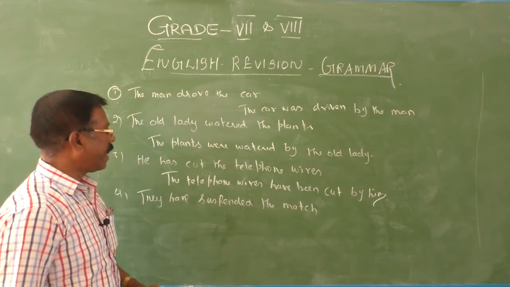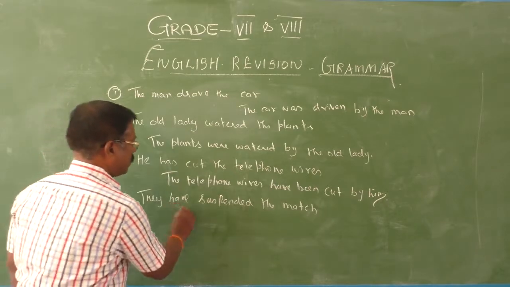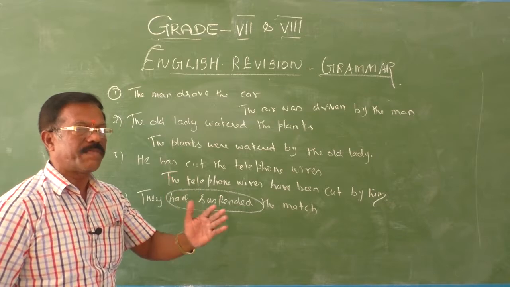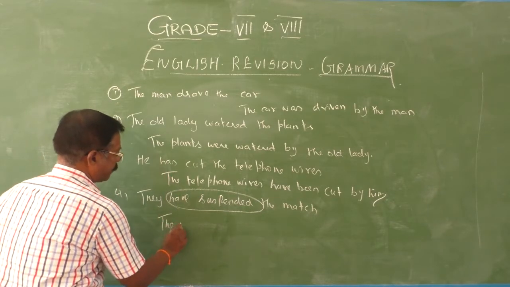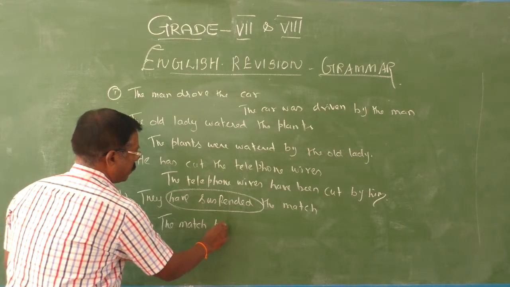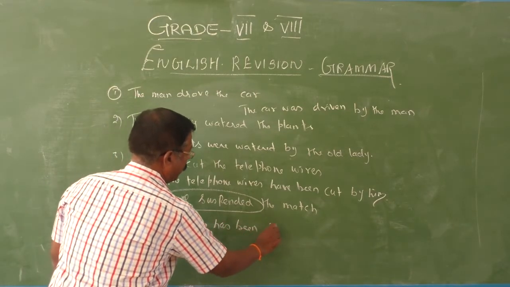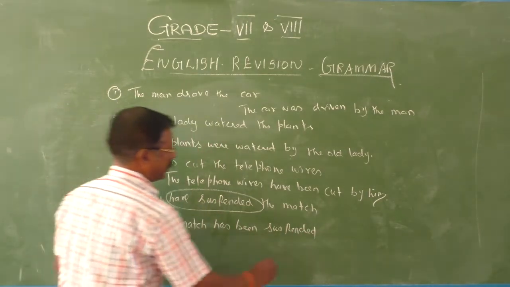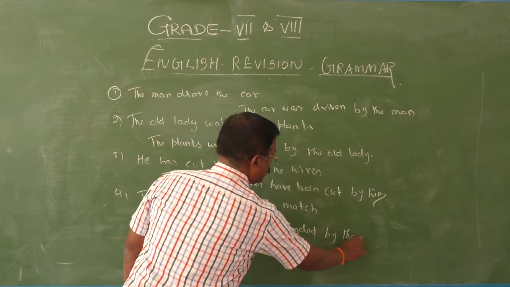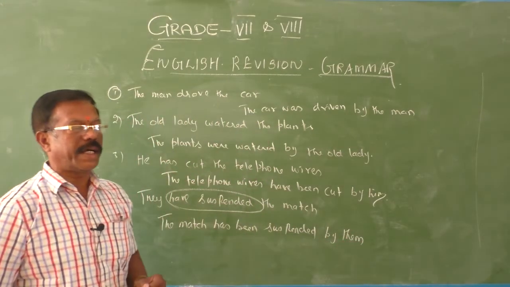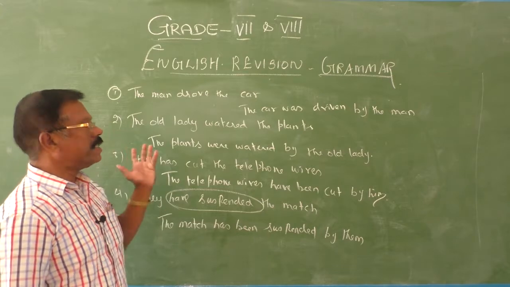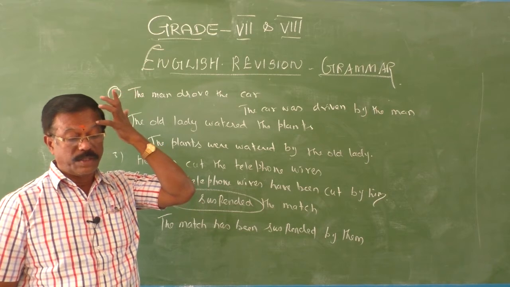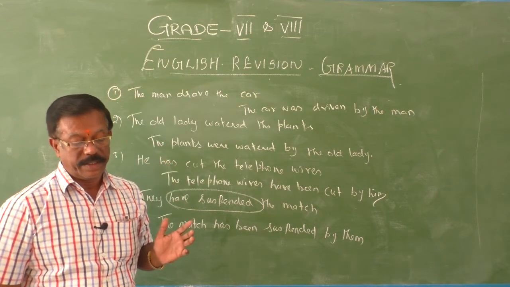Next, they have suspended the match. See, has suspended, present perfect. If the object is singular, has plus been plus past participle. The match has been suspended by them. So in this way, you have to observe the basic principles behind this transformation of sentences from active to passive. You have to follow very carefully.